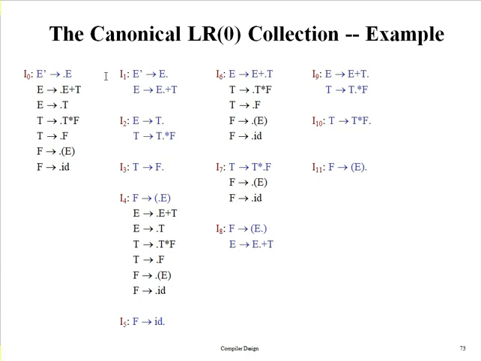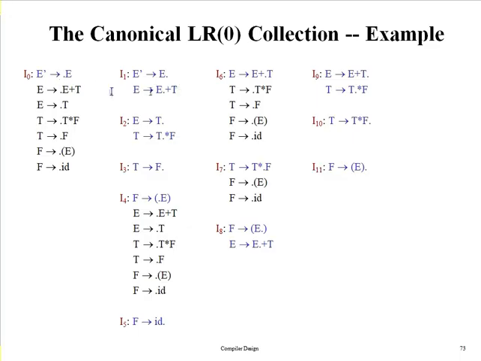So when we are creating a new item from another item, we should shift the position of the dot, and whenever we shift the dot position and observe a new non-terminal after the dot, then we should add all the production rules of that non-terminal from the original grammar. So this is how I1 is derived from I0.